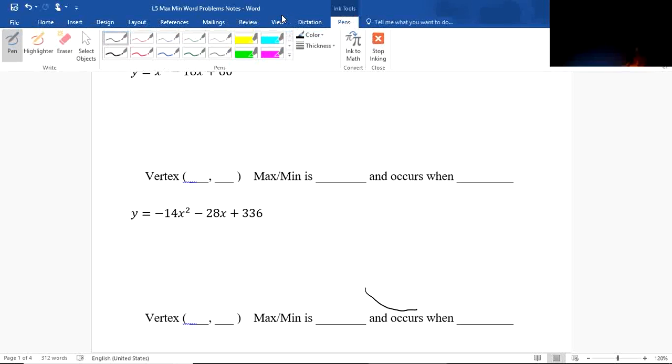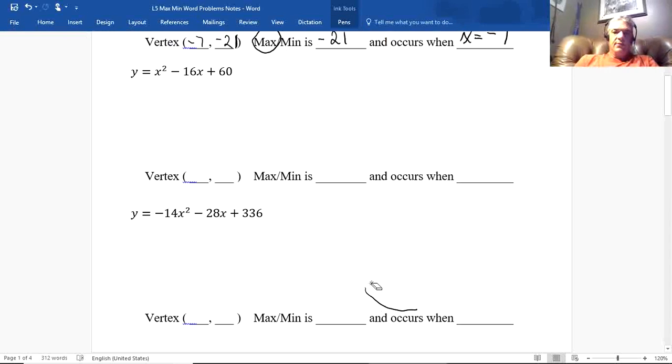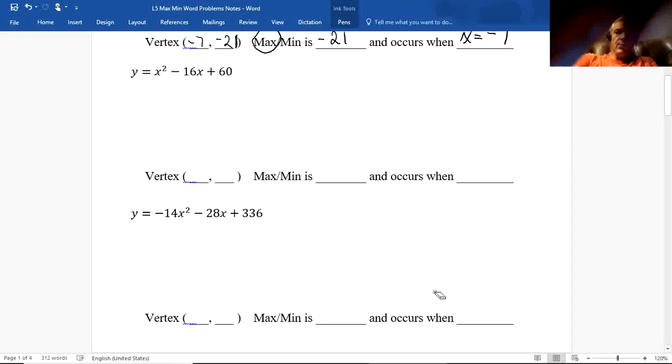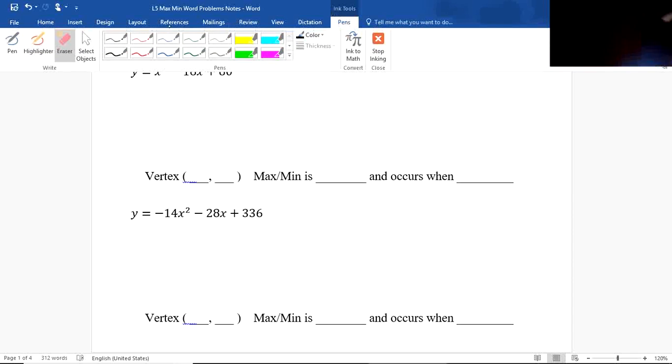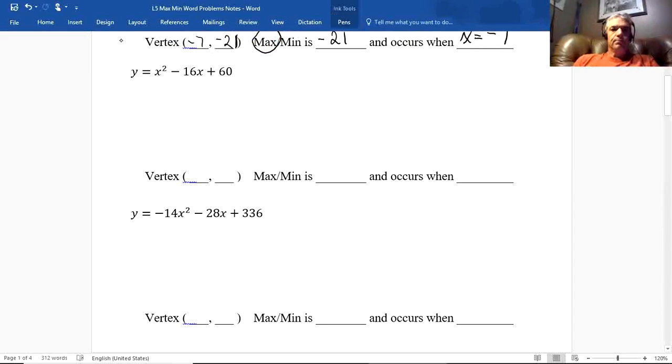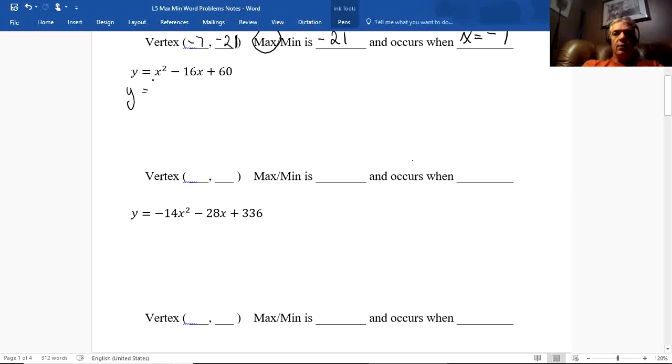And this is where it gets a little trickier. And we have to use our factoring skills to be able to find the vertex. So in this particular case, we're going to factor this because it is in standard form. Remember, it has an x squared and an x term.